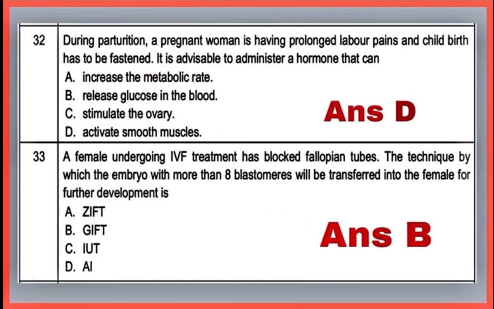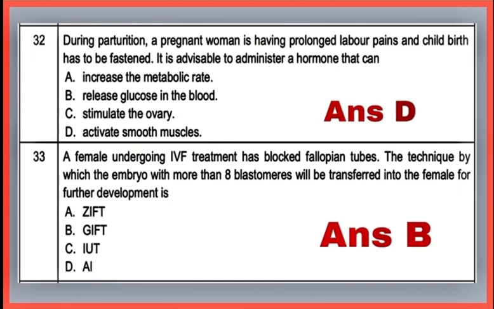Question 32. During parturition, a pregnant woman is having prolonged labor pains and childbirth has to be fastened. It is advisable to administer a hormone that can, option D, activate smooth muscles. Question 33.